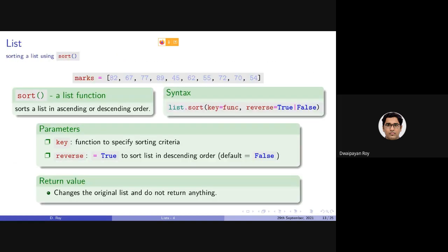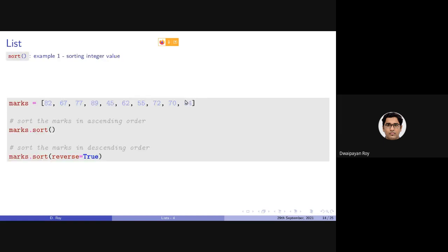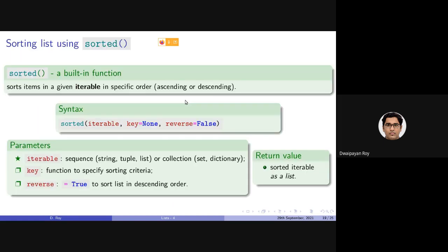Here we are invoking the sort function with a list. But for the sorted function, there is no invoking variable. I need to provide the thing that I want to sort as a first parameter, and then again the second and third parameters discussed in the sort function, key and reverse.